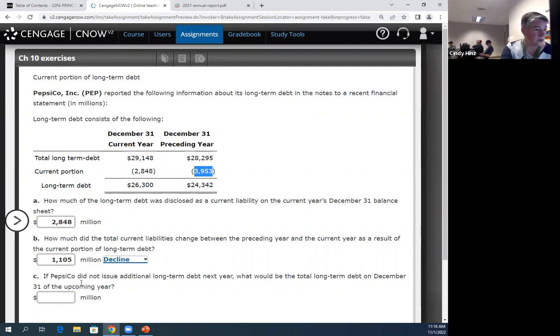So if they didn't do anything else next year, right now they owe $29,148. If they pay off the $28,448 that's current this year, what would be the total long-term debt next year? It would just be the amount that's left if they didn't issue any more debt.